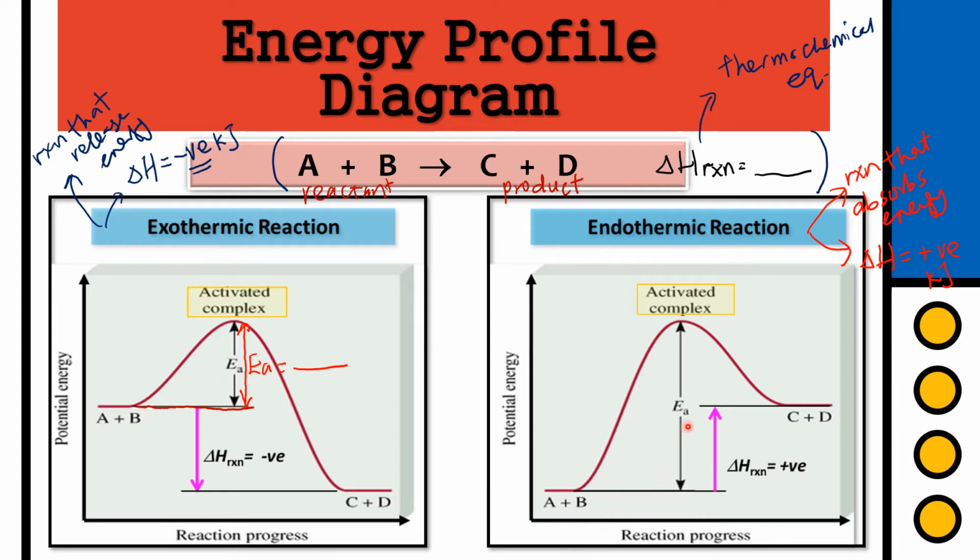For activation energy EA, it's from the reactant towards the activated complex. And for the delta H reaction, it's from the reactant towards the product. So it's the same.